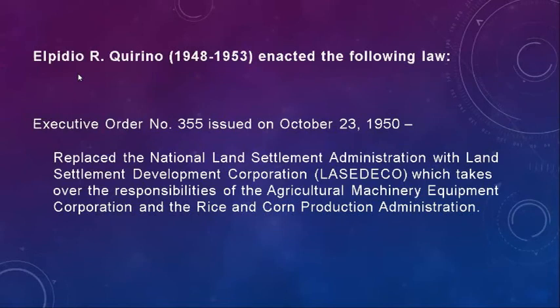And during the presidency of Elpidio Quirino, there's this executive order number 355, which replaced the National Land Settlement Administration with Land Settlement Development Corporation, which is LASEDECO, which takes over the responsibilities of the Agricultural Machinery Equipment Corporation and the Rice and Corn Production Administration.